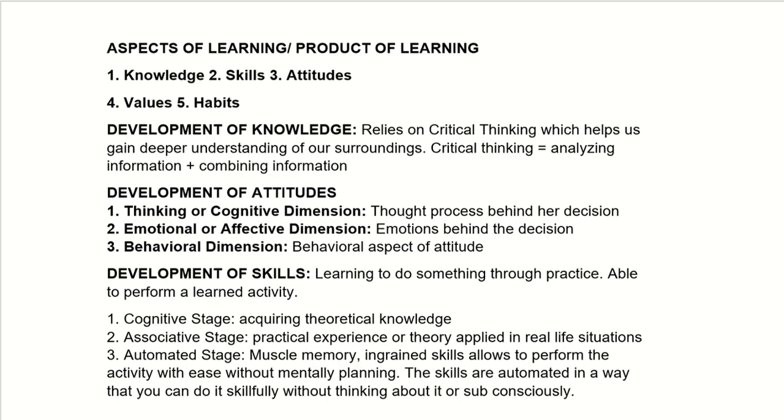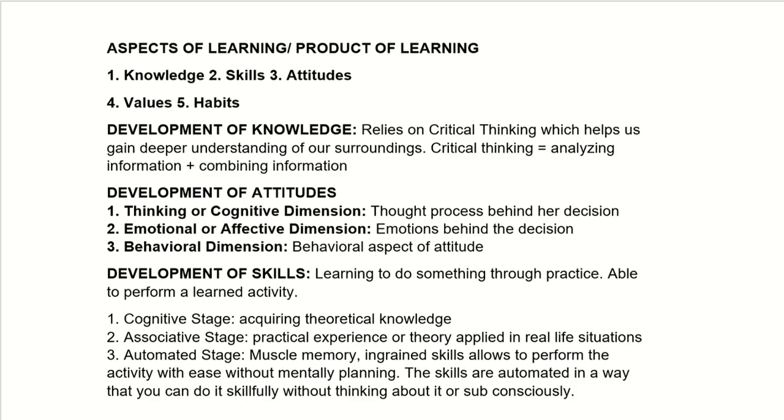Okay, now how do we develop attitudes? What is attitude development? First is thinking or the cognitive dimension. Second is affective, of course, the emotional dimension, and the third is the behavioral dimension.